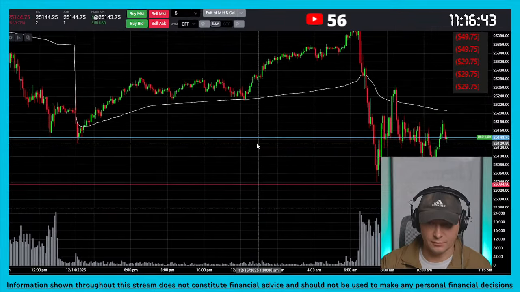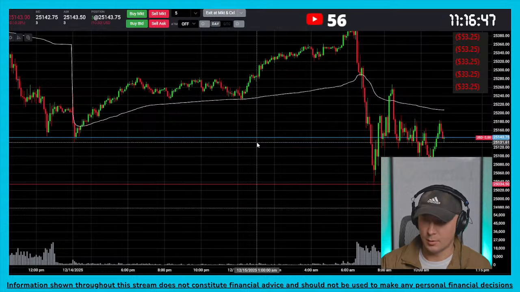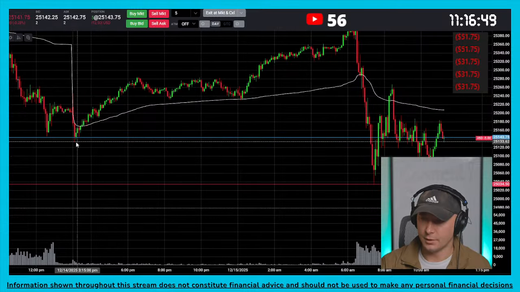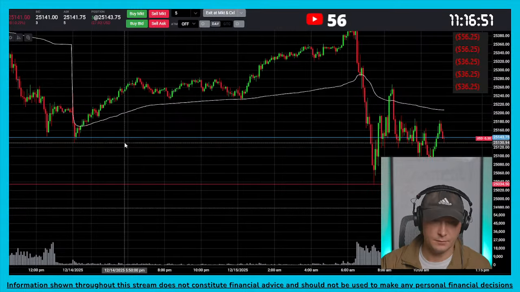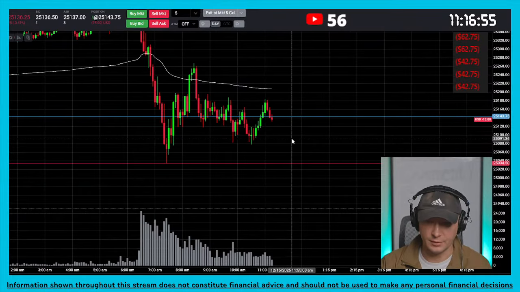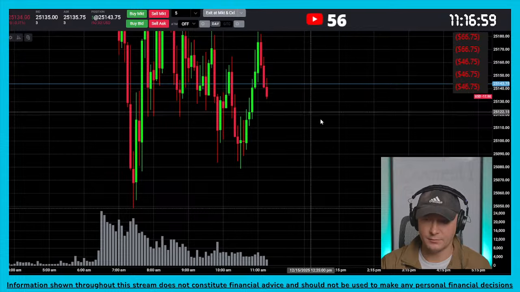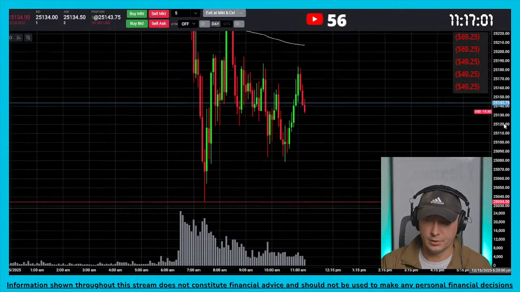It's back at that overnight low. See right here. It just now bounced right at the overnight low. So overnight low is 25,132.50. You can see it bounce slightly right at that level. Let's see if it breaks back below it.